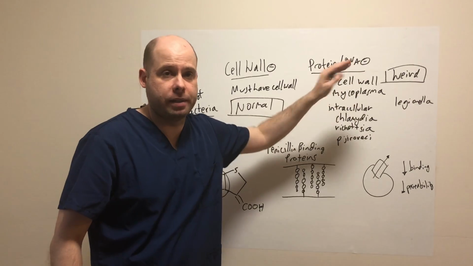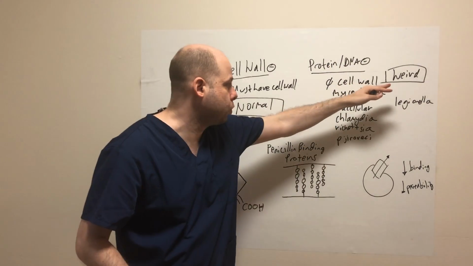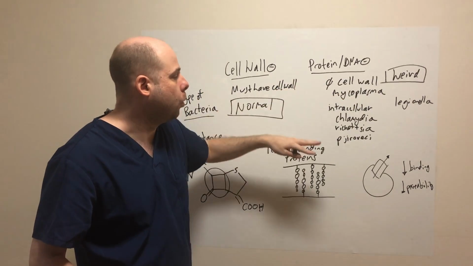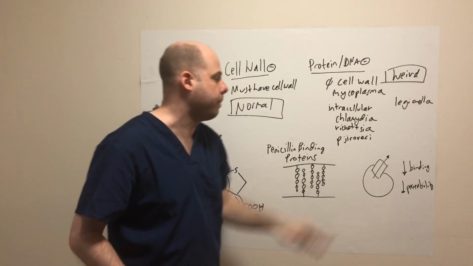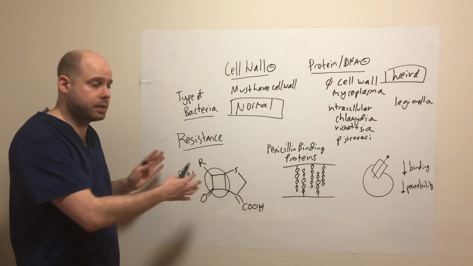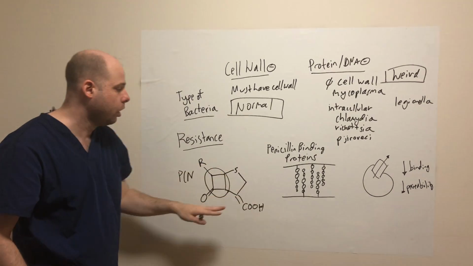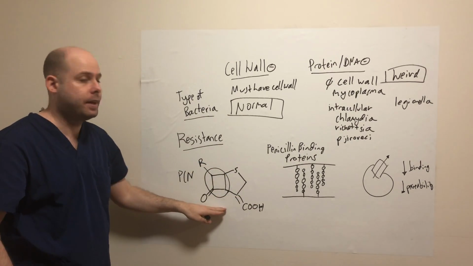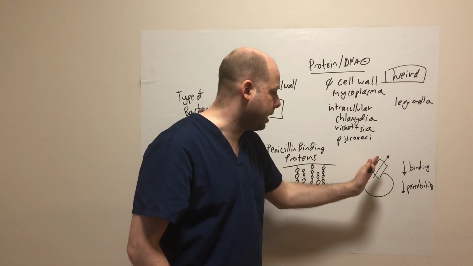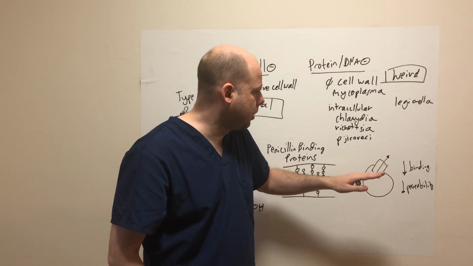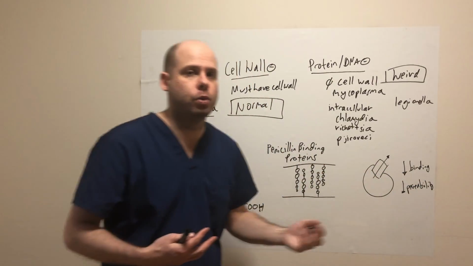Protein and DNA inhibitors can still treat bacteria with a cell wall, but they also are good at treating some of these weird, unusual bacteria that don't have a cell wall or are obligate intracellular or potentially facultative intracellular bacteria. And the pattern of resistance is different. With cell wall inhibitors, we can see changes in the penicillin binding proteins, or production of a beta-lactamase to disrupt the beta-lactam ring of penicillins. And with protein and DNA inhibitors, we'll see increased efflux, decreased binding, or decreased permeability of the cell membrane to the antibiotics.